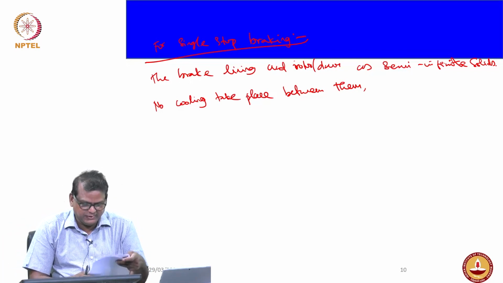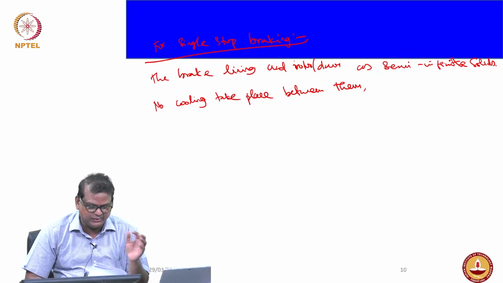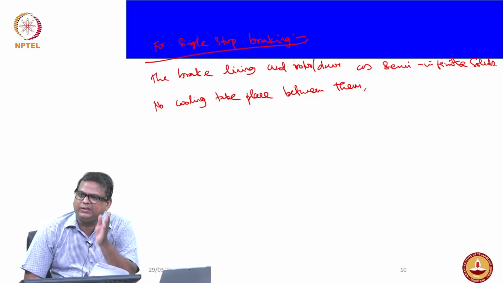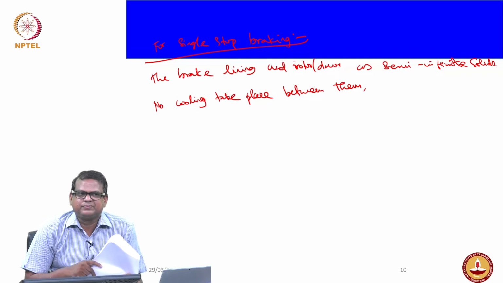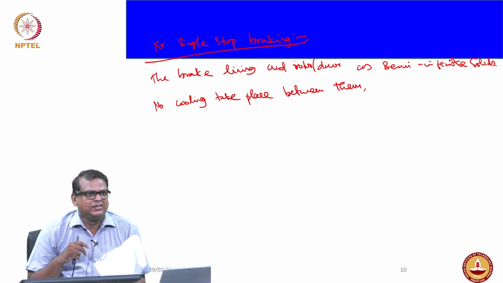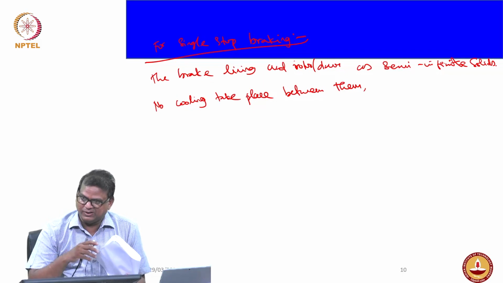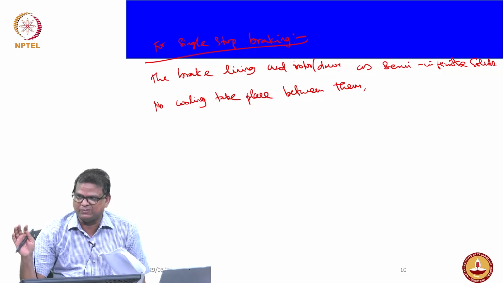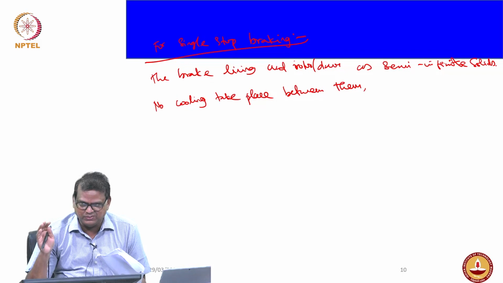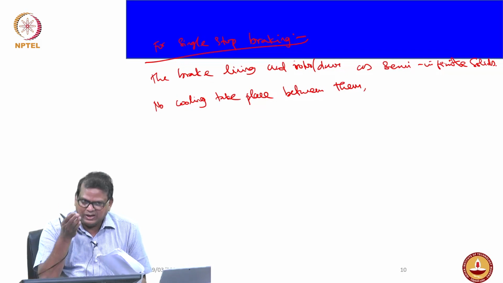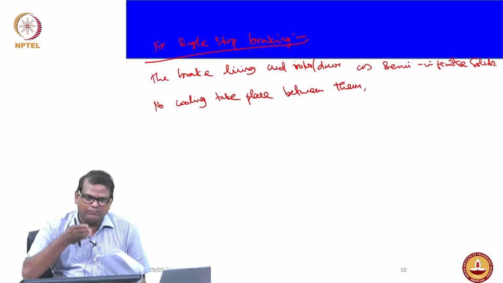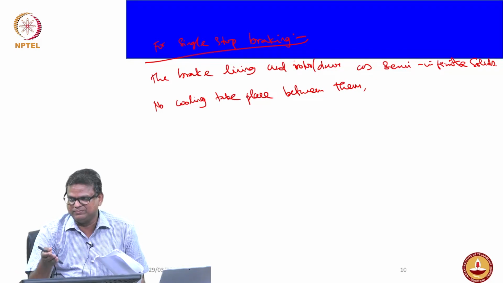So, to have an identical temperature between the brake lining and drum interface, when do you expect the identical temperature? Whatever heat is generated must be equal to the heat absorbed. In that condition only, the temperature would be identical for both the brake lining and the drum.